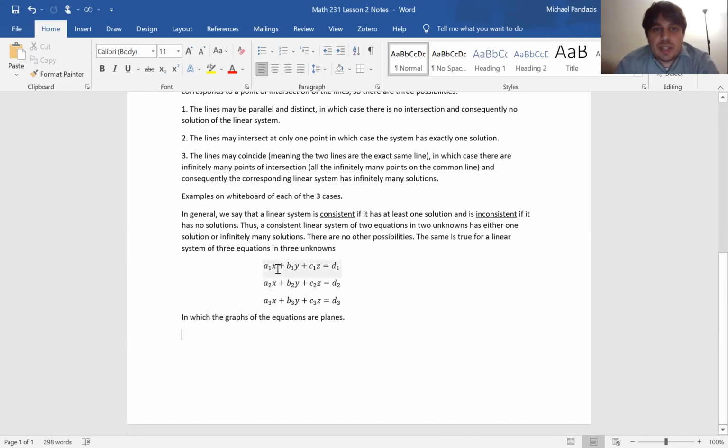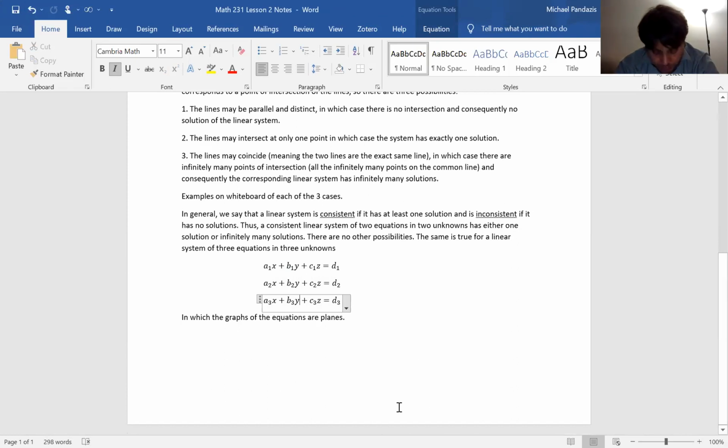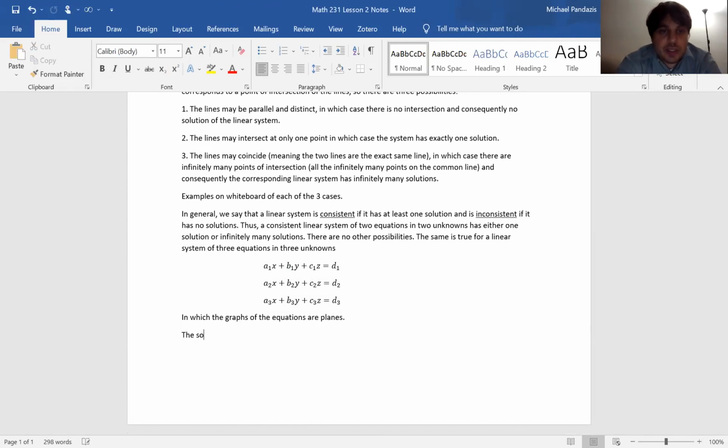Okay, so then each of these linear equations is representing a plane in 3 space. That was mentioned in the first lesson. So the solutions of such a system, if any, correspond to points where all 3 planes intersect.